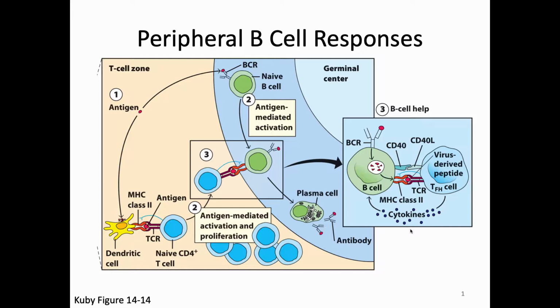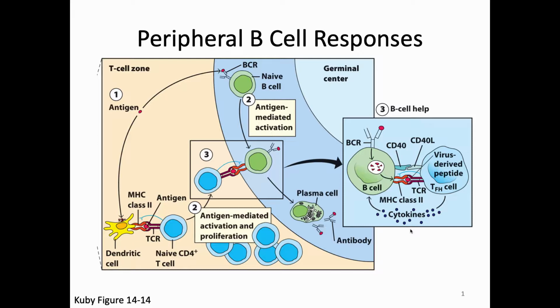Remember that CD4 helper T cell first needs to get activated by an antigen-presenting cell, like a dendritic cell, elsewhere in the lymph node. That T cell can then move to the junction of the T cell and the B cell zone and help out our B cell. That'll happen via a CD40 ligand interaction. And then our B cell will go into the germinal center reaction, start to become a plasma cell, making high levels of antibodies, class switch, do somatic hypermutation, all of the stuff that we talked about last time.